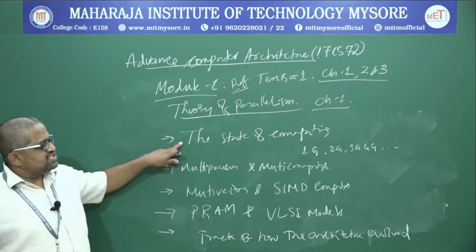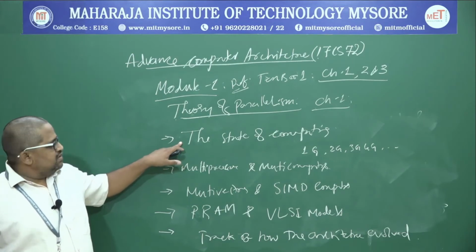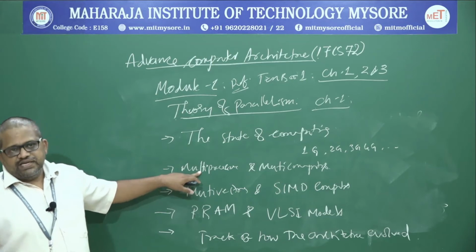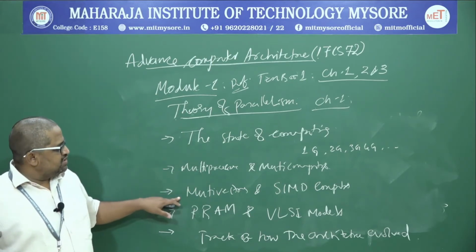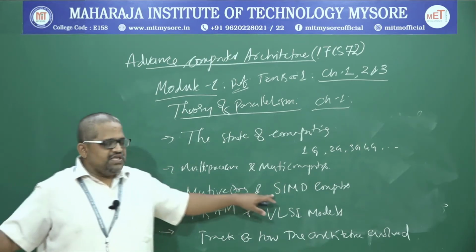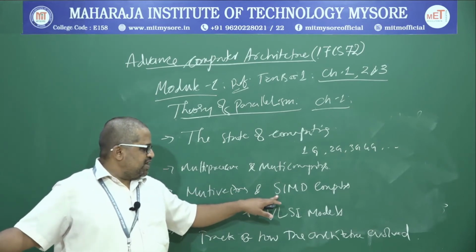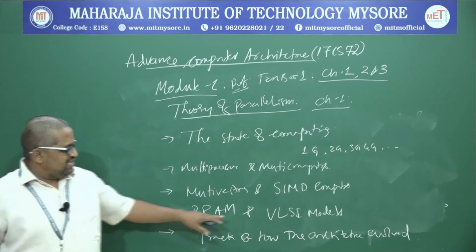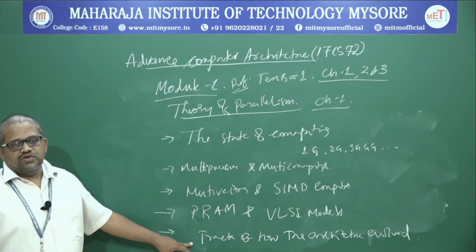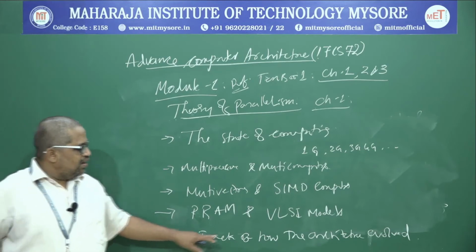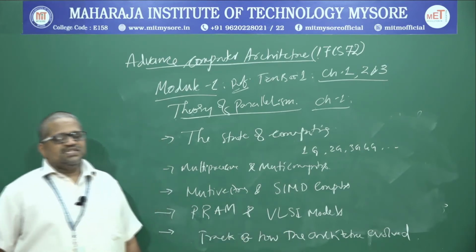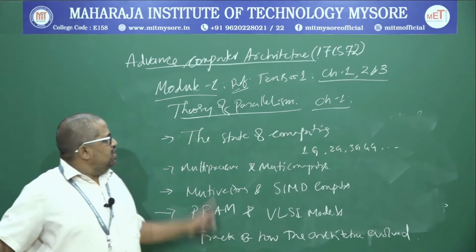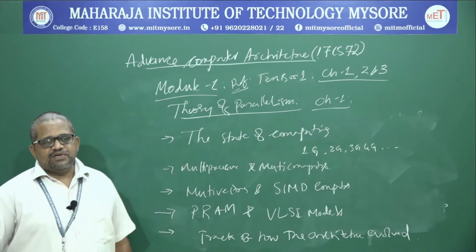The first one talks about the state of computing, and the second one talks about multiprocessors and multicomputers. The third one talks about multivectors and SIMD computers, but when it comes to parallel computing, it is MIMD computers, then PRAM and VLSI models. The last one is the track of how the computer architecture evolved, the path of which is going to be looked into in detail in chapter 1.